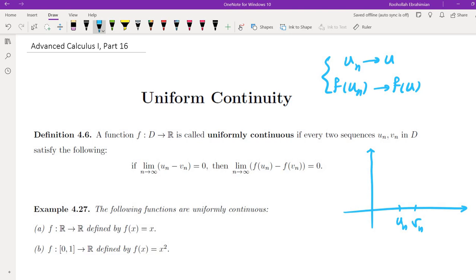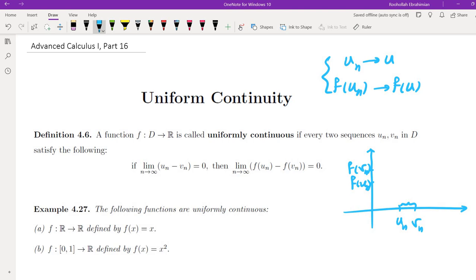Not necessarily that you have a sequence converging to one thing, but you have two sequences that are converging to each other. In other words, if the two sequences are getting closer and closer to each other, then the functional values f of un and f of vn are also getting closer to each other.